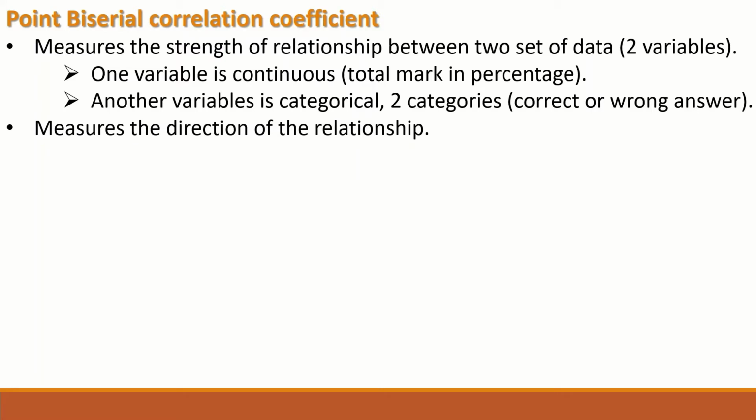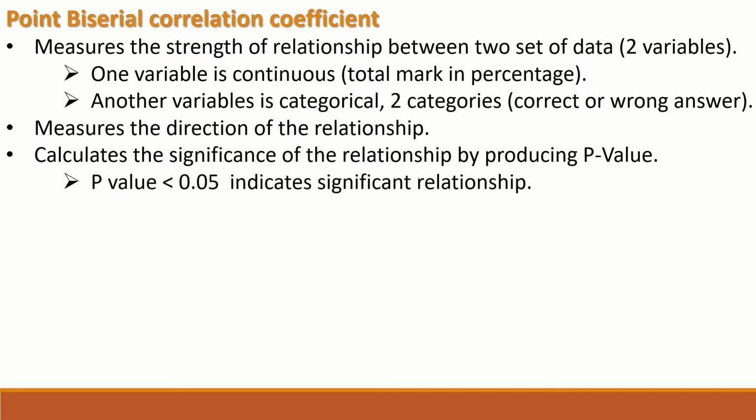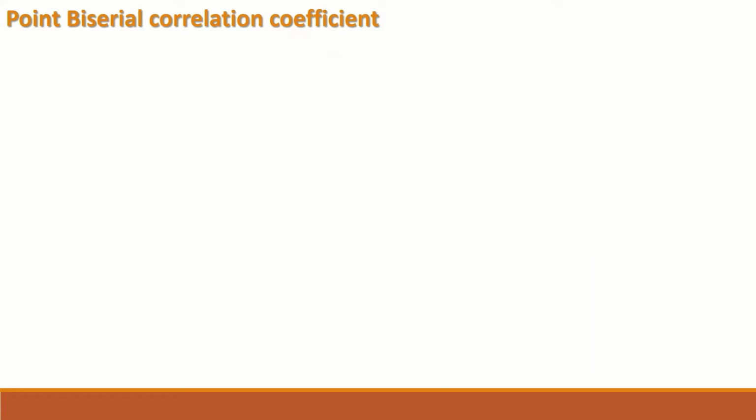The statistical test, the Point-Biserial correlation coefficient, does measure the direction of the relationship, and it does calculate the significance of the relationship by producing a p-value. A p-value less than 0.05 indicates a significant relationship. A p-value greater than 0.05 indicates a non-significant association.